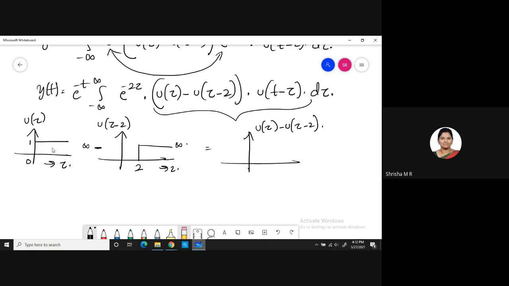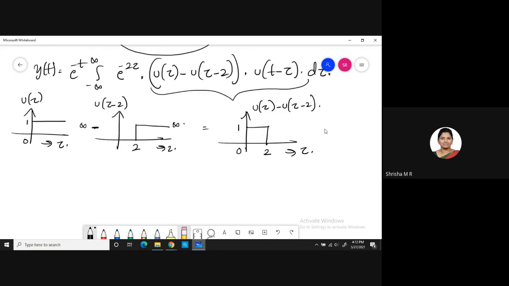You subtract these two, at 0 you have 1 here, here you have 0. So 1 minus 0, it will be 1 only. At 2, you have 1 here, here also 1. So at 2, it will become 0. Okay, so the signal will exist from 0 to 2 with an amplitude 1. Got it? Now try to plot u of t minus tau. U of t minus tau, how you will plot it?